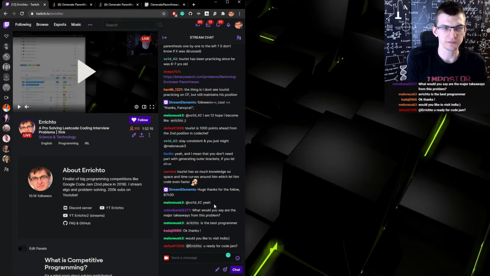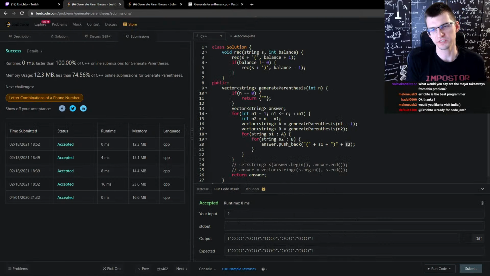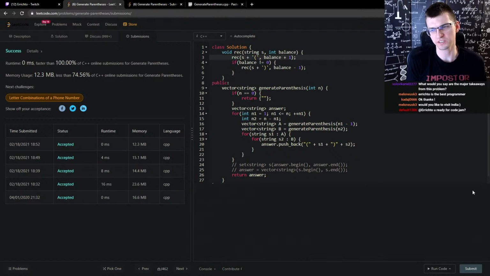Major takeaways from this problem. I wouldn't say that something is meaningful. I mean, you shouldn't remember something from this. This was just a practice of generating all the possibilities.